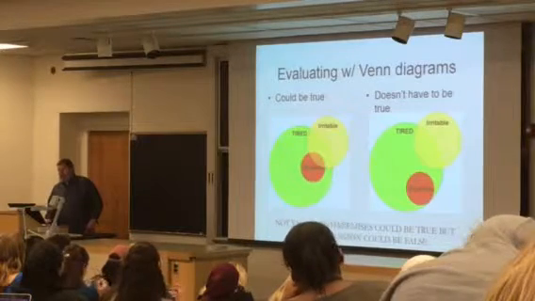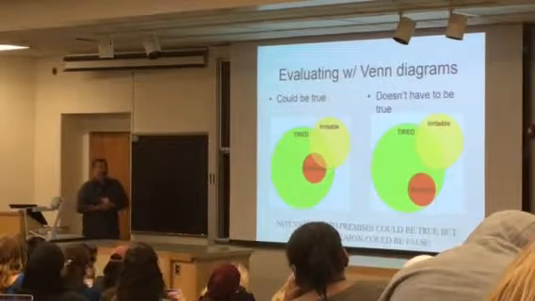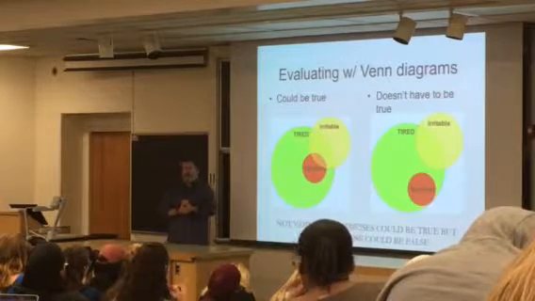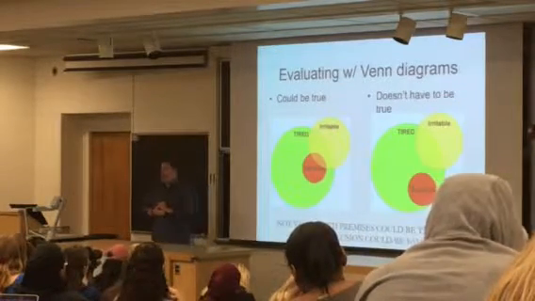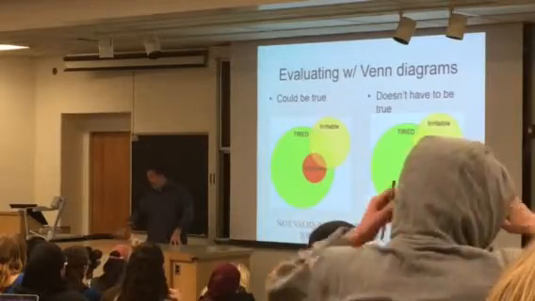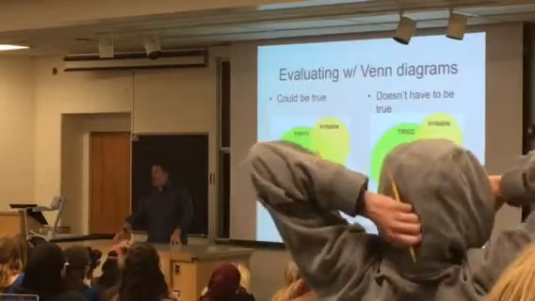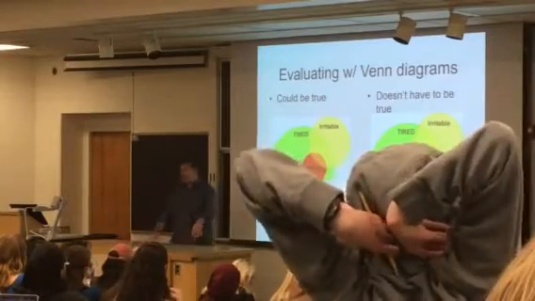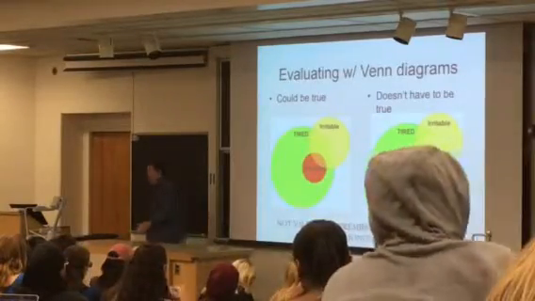So, which is why it's not valid. Both premises could be true, but the conclusion could still be false. And if both premises are true in a syllogism, and the syllogism is valid, the conclusion must be.